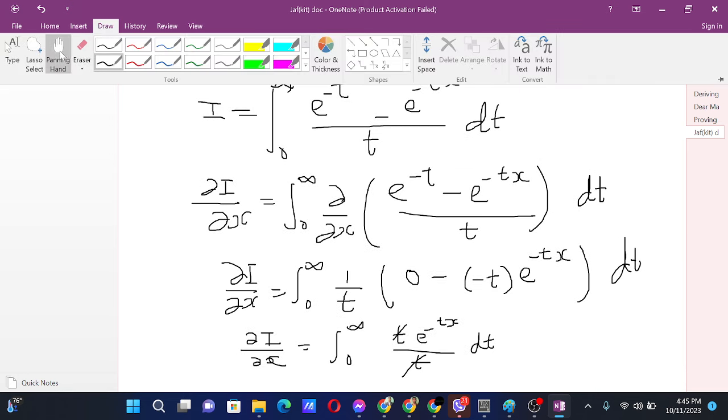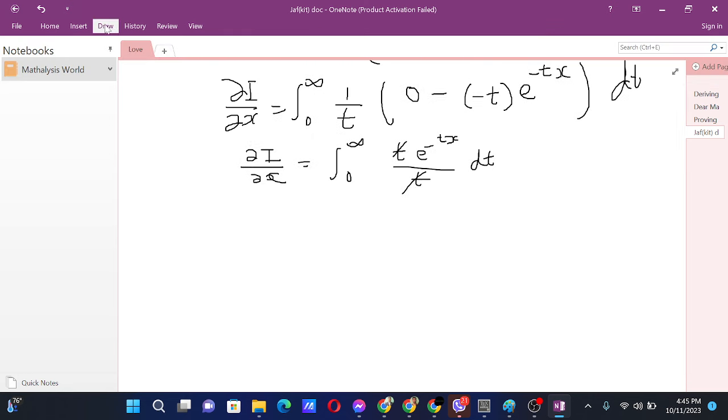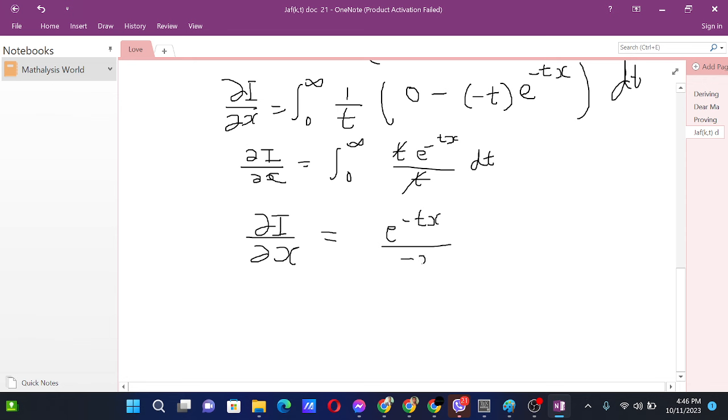Then we can integrate this to get dI/dx equals, now the integration is in the t world, so x is constant and we get negative x in the denominator, from 0 to infinity.